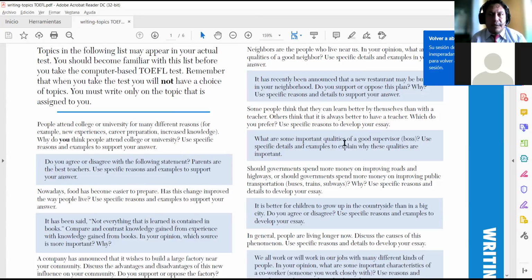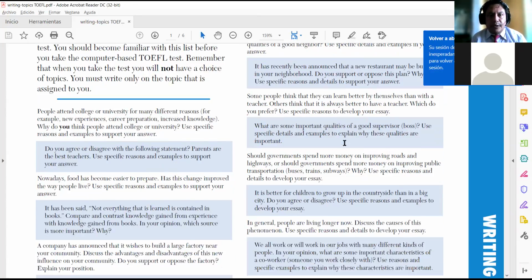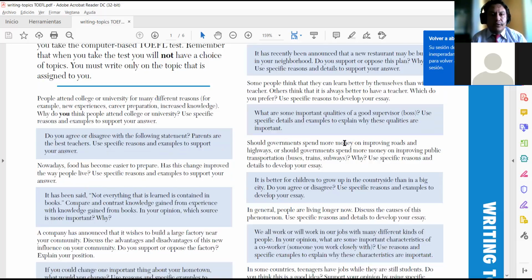Can you see my screen? Yes, I can. I give you some minutes. Choose one that asks you again to make a comparison contrast or advantages and disadvantages of any topic. I will turn myself off in the mic so you can read and let me know which one.